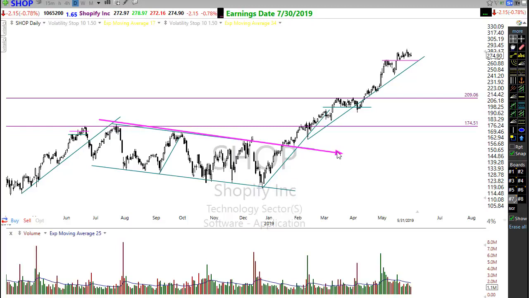Could we have created credit spreads around this trade? Well, here's what I would have looked at had I been looking for a credit spread here in this chart on a bullish side. I would wait for this support to be tested.